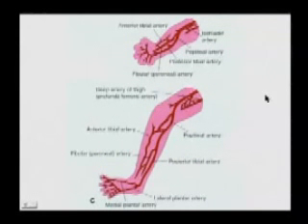And then this leads to the adult, where the deep artery of the thigh will come off the femoral artery. So this is the profunda. The femoral artery will migrate medially and pass posterior to the knee joint and through the popliteal fossa, so it's called the popliteal artery. It will give rise to the anterior tibial artery.